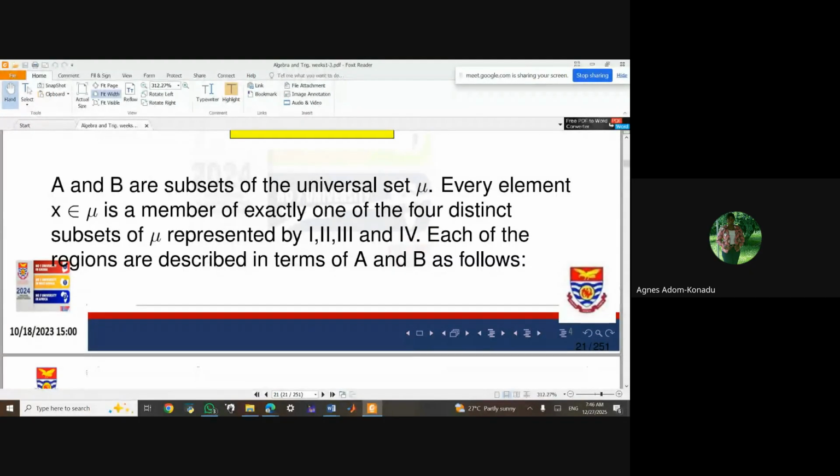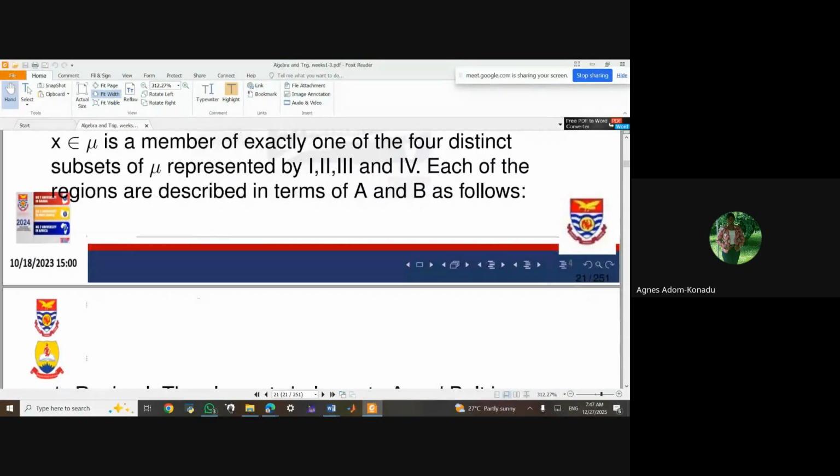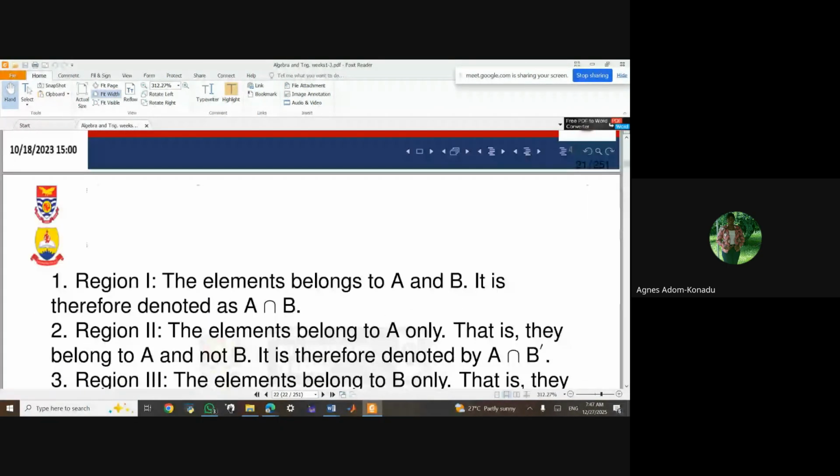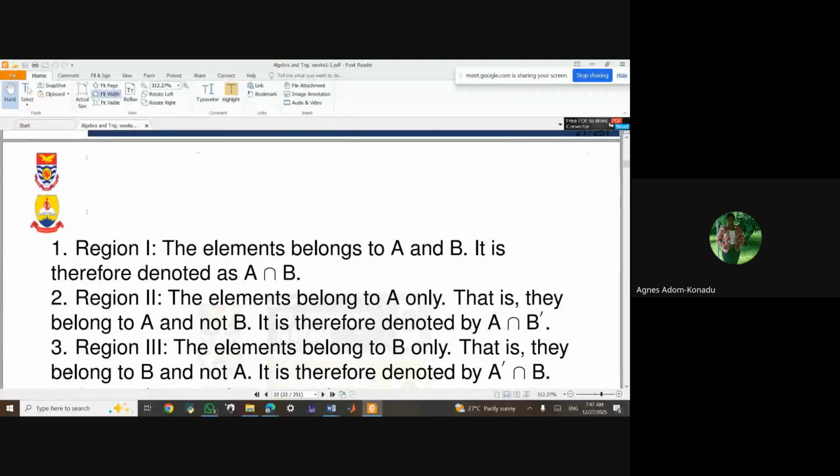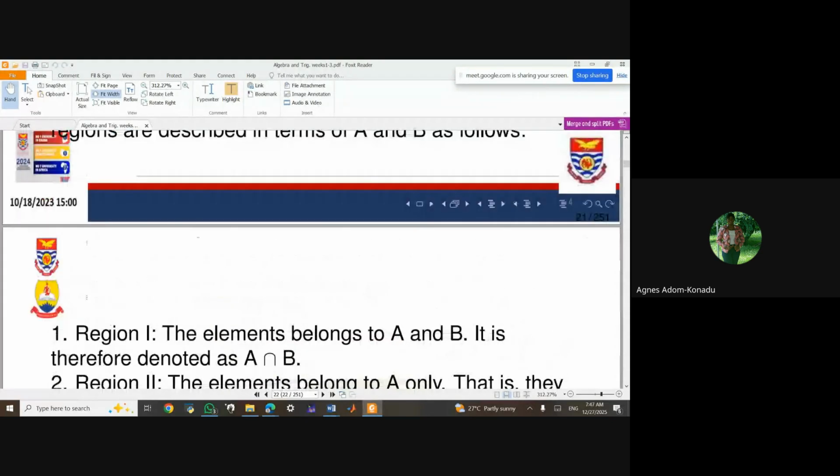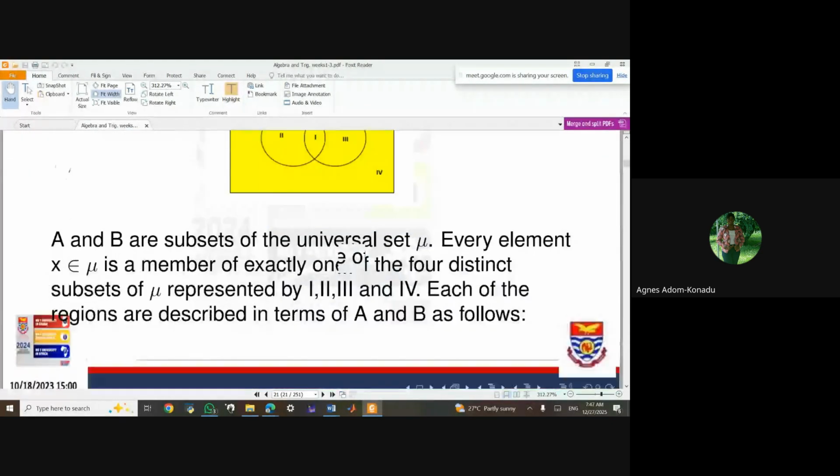Each of the regions is described in terms of A and B as follows. The region I is the elements that belong to A and B. It is therefore denoted as A intersection B. So we can see that this is A intersection B.